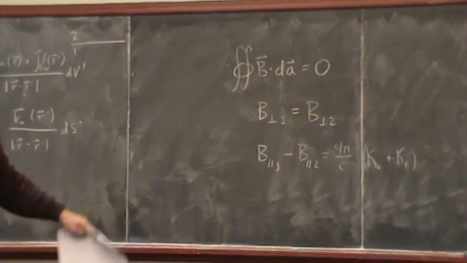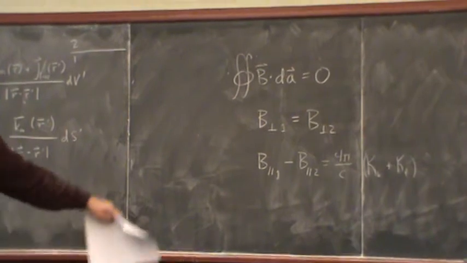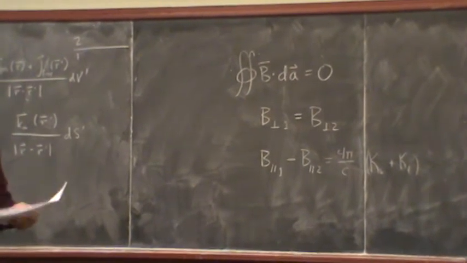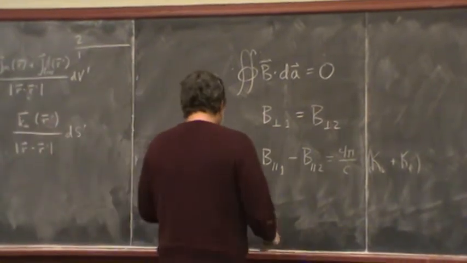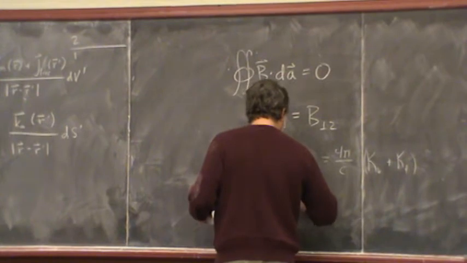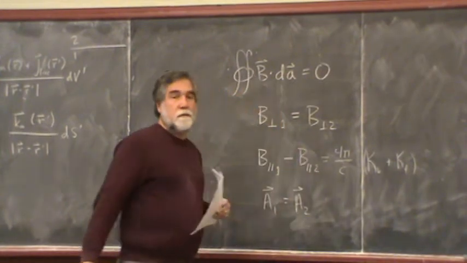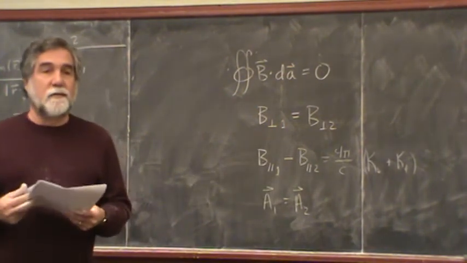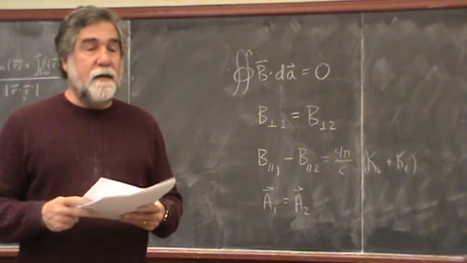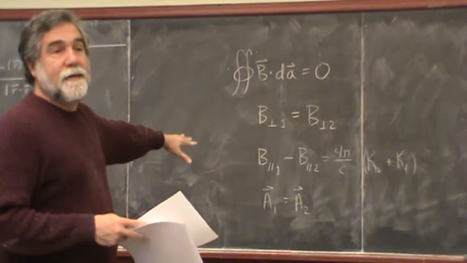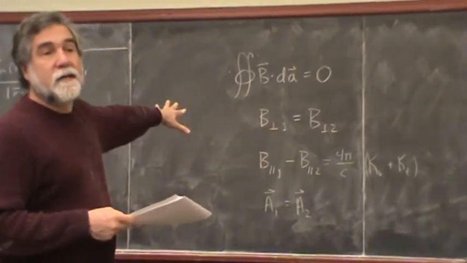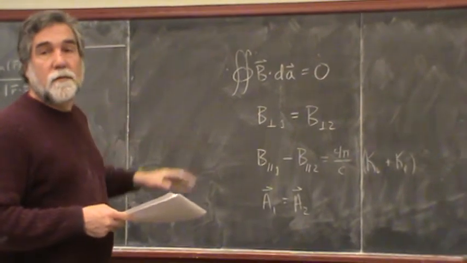I can write the same thing with H if I only consider the free surface current density. And the other condition that can be useful is that A1 is equal to A2. Potential is continuous. All right? So as you're solving problems, you might find that using the boundary conditions can help you through the problem.